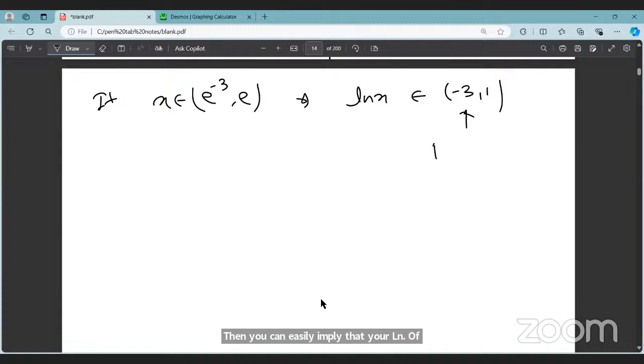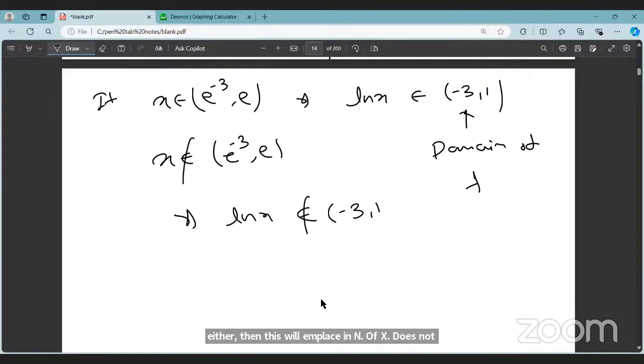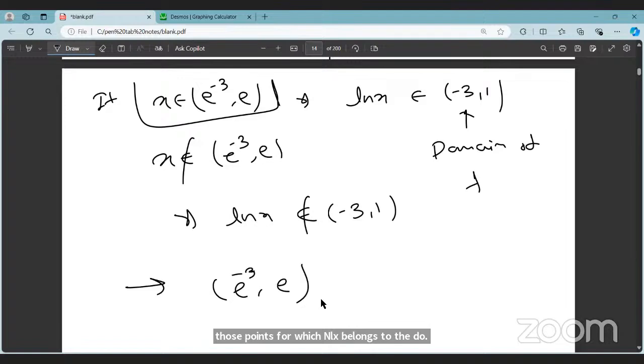And this is the domain of it. Otherwise, if x does not belong to this interval, e to the power minus 3 to e, then this will imply ln of x does not belong to minus 3 comma 1. So that's why we have to take all those points for which ln of x belongs to the domain. So that's why the answer is e to the power minus 3 to e.